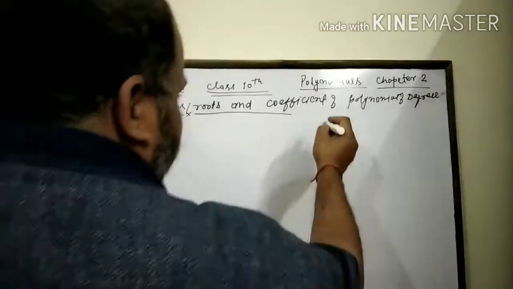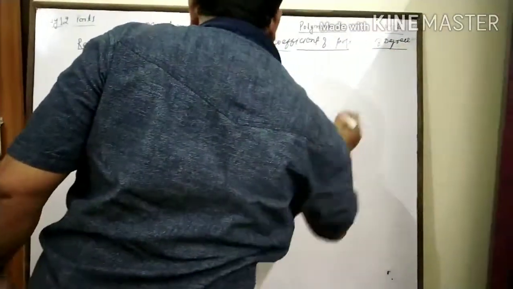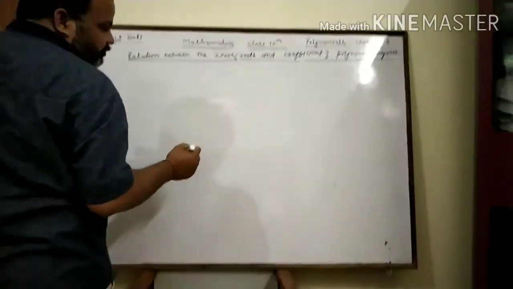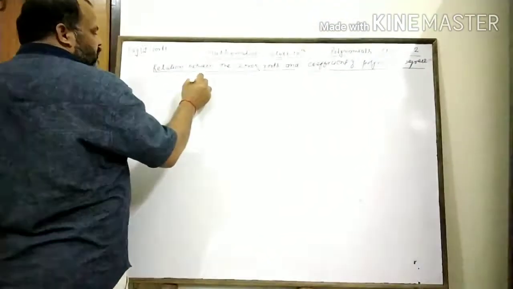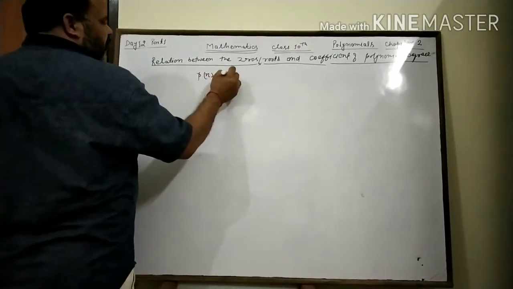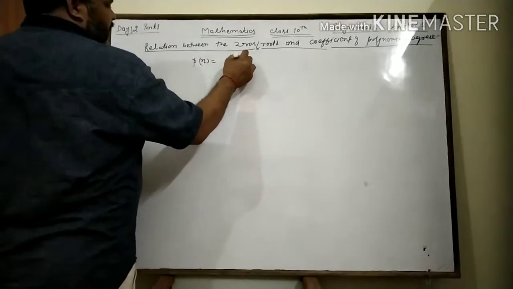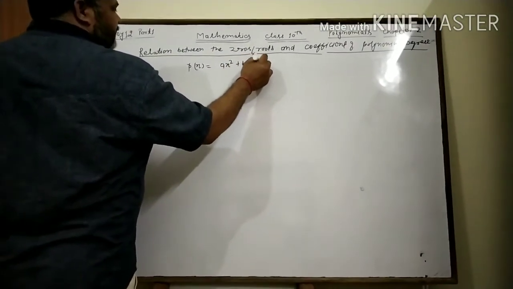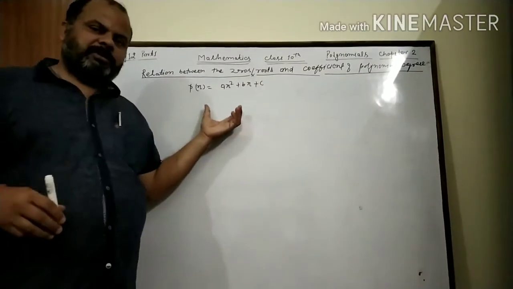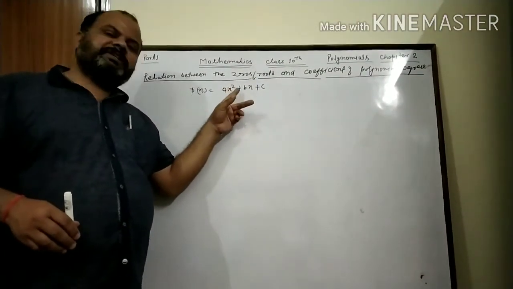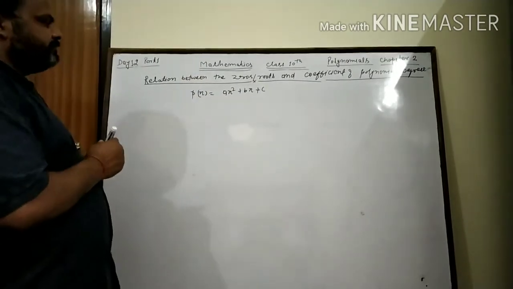Clear? Then first of all, we know what a quadratic polynomial is. A polynomial is quadratic if its degree is 2. Suppose a polynomial p(x) is equal to ax square plus bx plus c. It is a quadratic polynomial because here the power of x is 2. Clear?